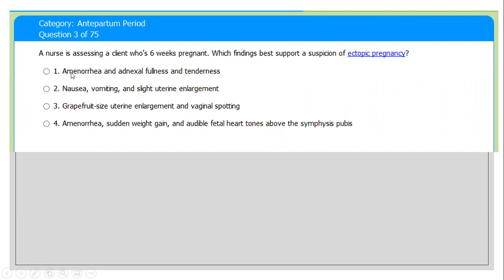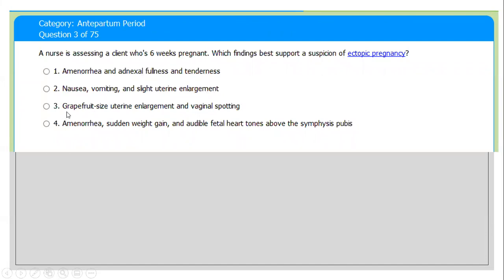Number one, amenorrhea and fullness or tenderness of the surrounding structures. Number two, nausea, vomiting, slight uterine enlargement.